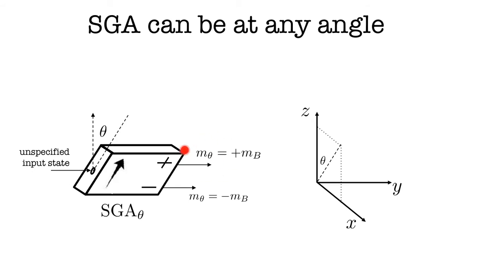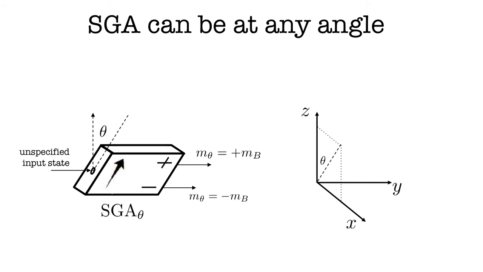And we're going to label the outputs of our analyzer in the following way. So this box is making a measurement of the quantity m theta, which you can think of as the orientation of the magnetic property or the magnetic alignment of the atom in the theta direction. And there's only two possibilities. Either it points parallel to that direction or it points anti-parallel to that direction.